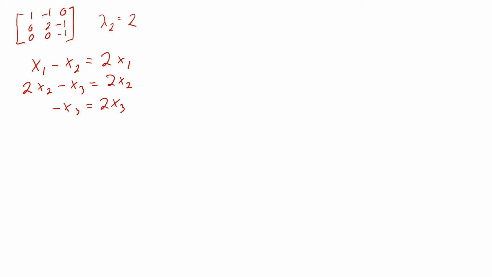And again, we can solve these out. Rewrite them. We get negative x1 minus x2 is 0. We get negative x3 is 0. And we get, for the last one, negative 3x3 equals 0.